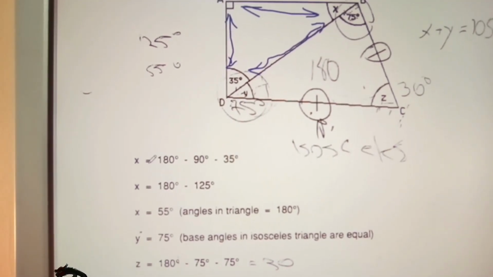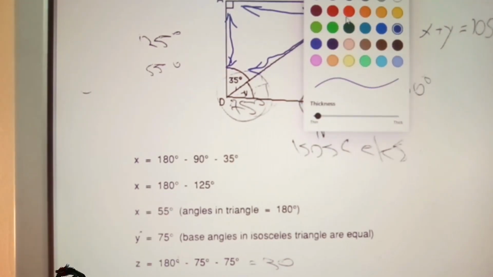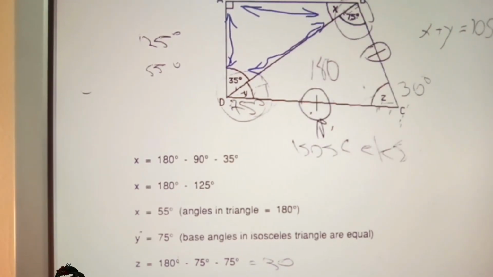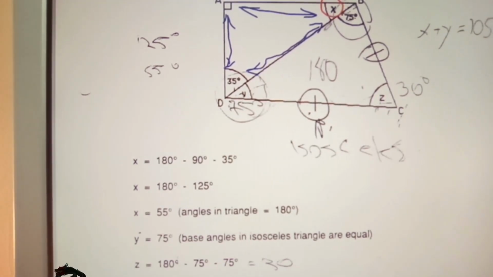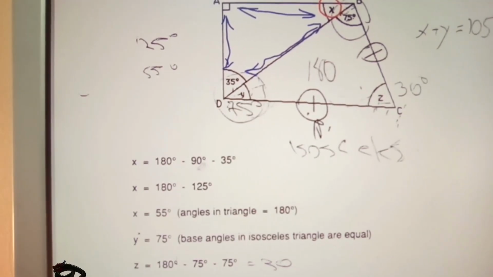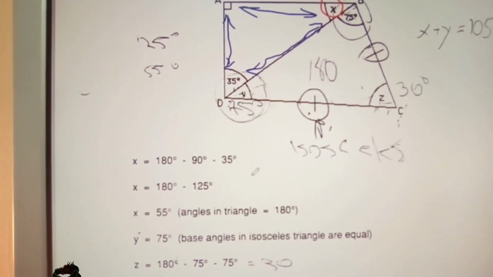So when we look at this, X is here, okay? X is here, okay? Right? And we know the angles in a triangle should add up to 180. So we have 90 plus 35, which gives us 125 degrees.